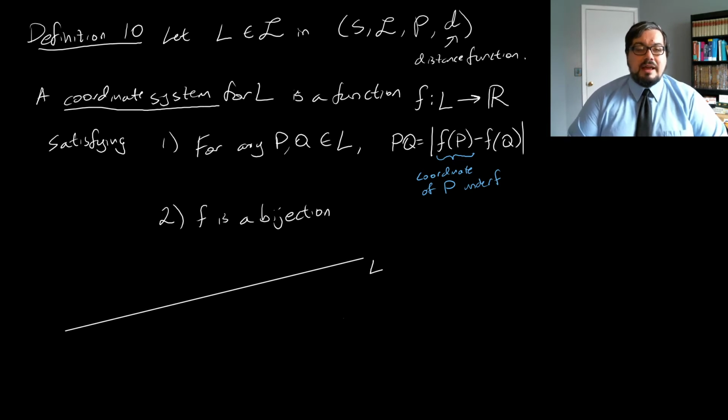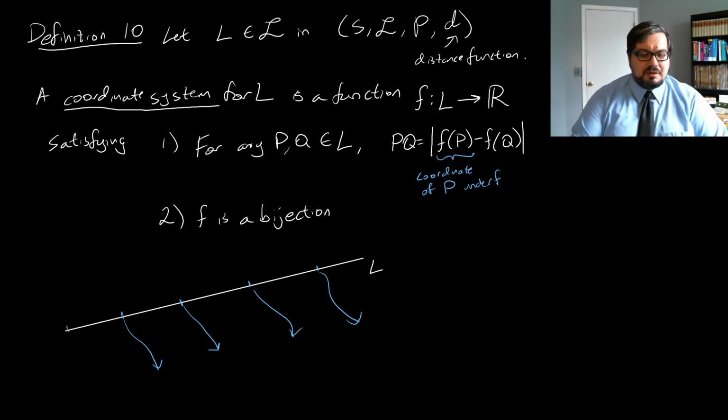And what a coordinate system for L does is it takes every point on the line and maps it to some number in the real numbers in a very special way.